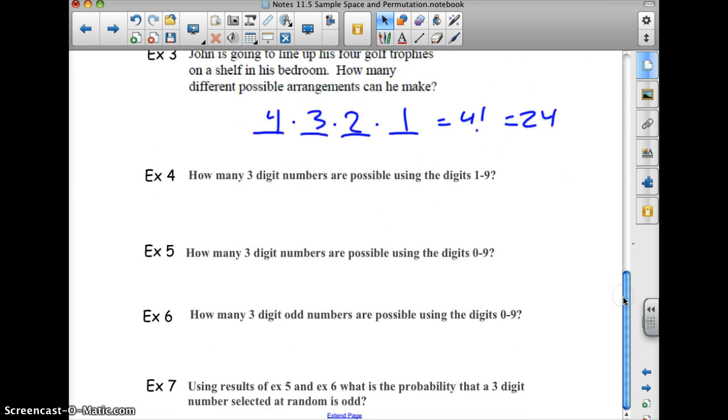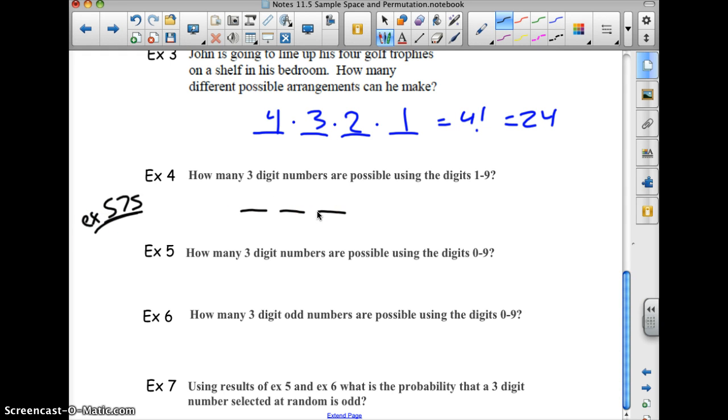All right, how many 3-digit numbers are possible using the digits 1 through 9? Now this says using the digits 1 through 9. For example, a 3-digit number like 575. How many numbers are there like that? So how many choices do I have for that first digit if I have 1 through 9? Well, I have 9 choices.